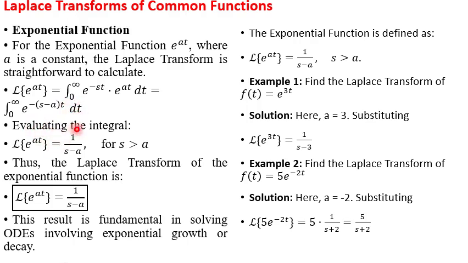Now evaluating the integral basically gives us the Laplace transform of e raised to power at, and that is 1 all over s minus a, for s being greater than a. It must be in this form.